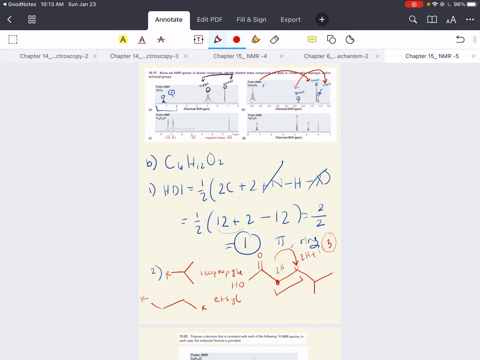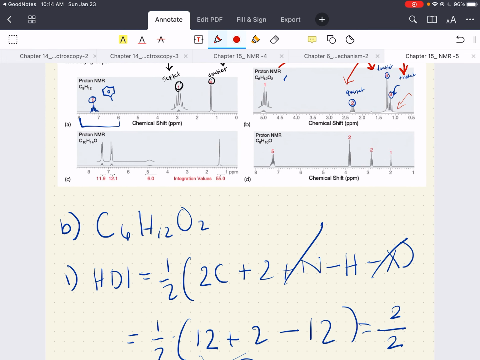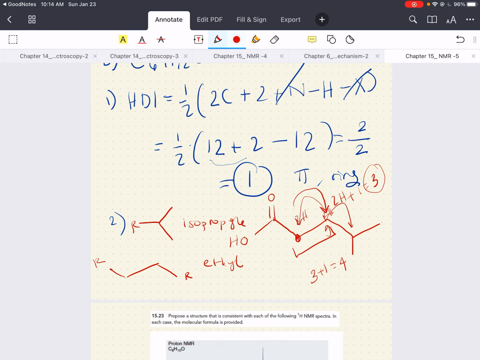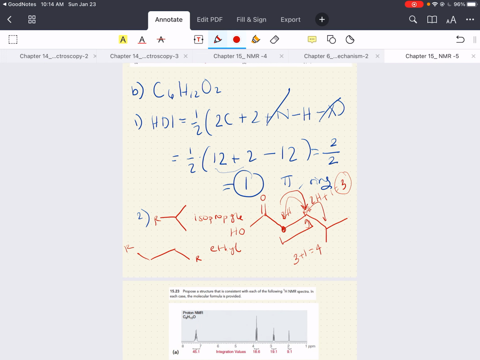Then this one has 2 hydrogens, and it has 2 neighbors here and 1 here, so 3 plus 1, that's 4. So a quartet with integration 2. That's interesting, that's not what we see over here. So maybe our proposed structure isn't quite correct yet. Let's go back to the drawing board.